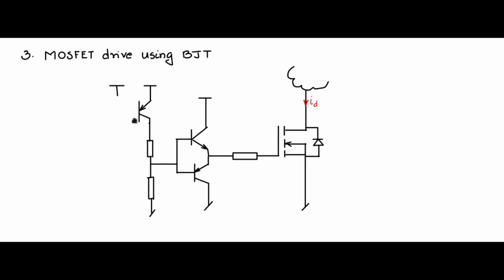The PNP stage gets its base drive from another 2 resistor drive stage, which is driven by an NPN stage, which is driven by another 2 resistor drive stage.